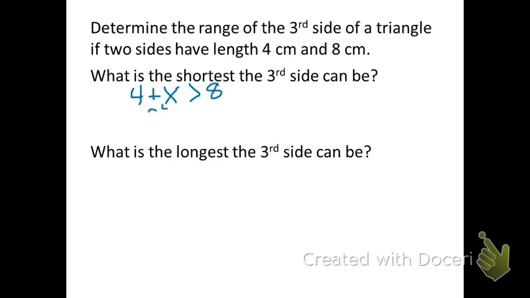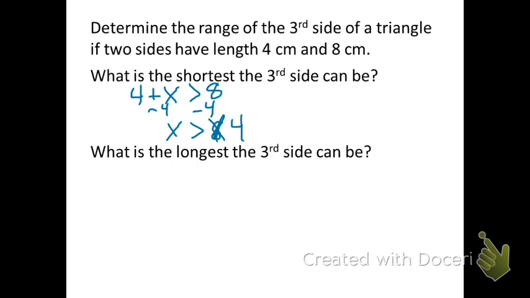If we solve this and subtract 4 on both sides, we know that x has to be greater than 4, because 8 minus 4 is 4. And that makes sense, because if x was equal to 4, then 4 plus 4 would equal 8, and that wouldn't work because the two shorter sides have to add up to be larger than the third side. But if it was anything bigger than 4, it would still work, except if it was too big.